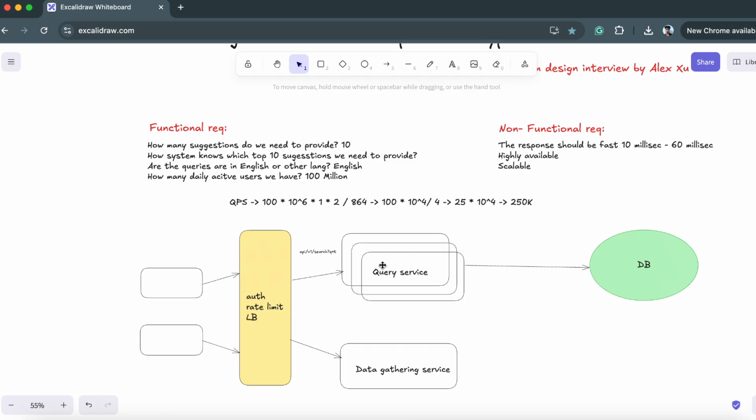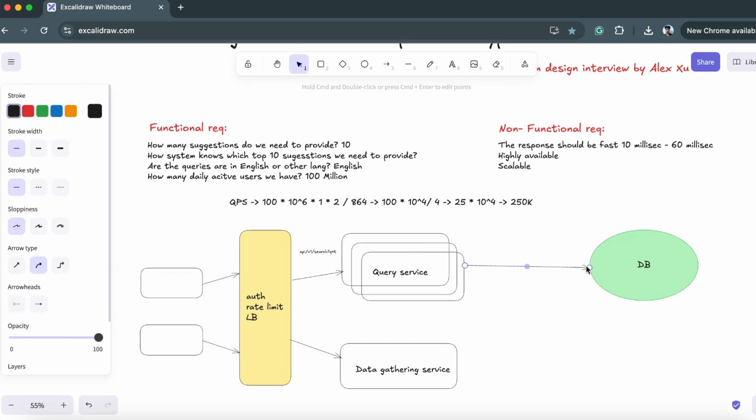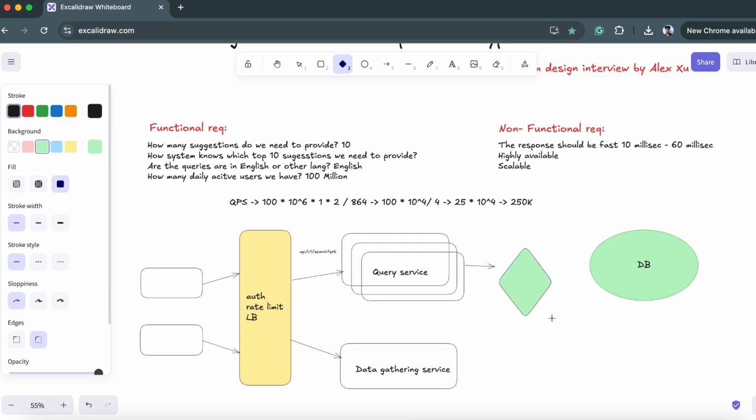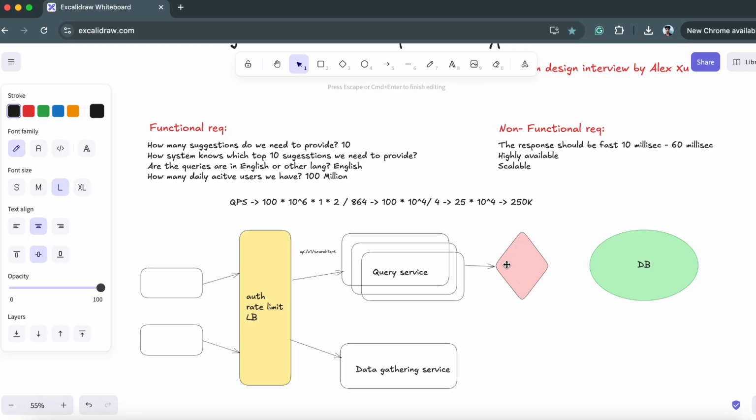Based on that, the moment a user searches for something, instead of going to the database, we will collect the result from the cache itself and provide it back to the user. So obviously in between this query service and this database, we should have caching. So this is our caching, and it could be Memcached or Redis, something like that.